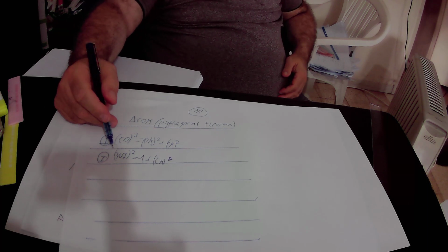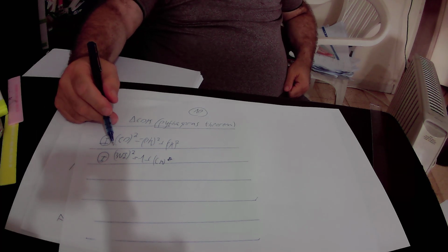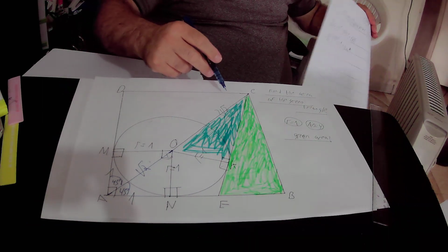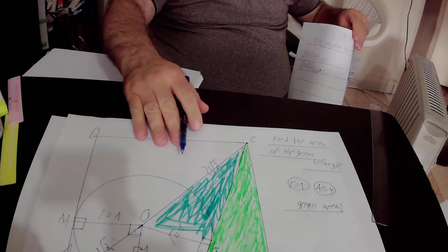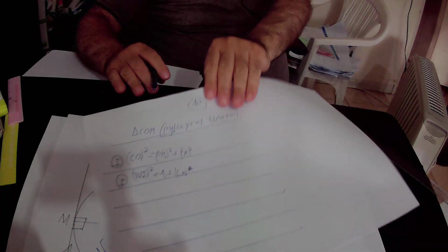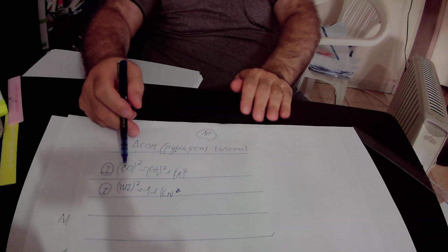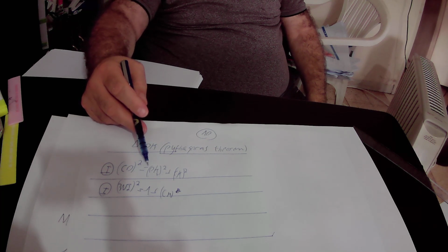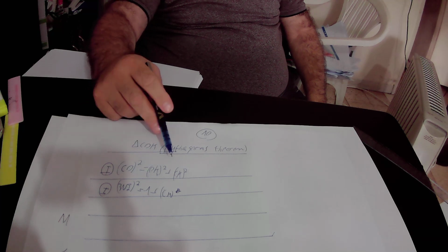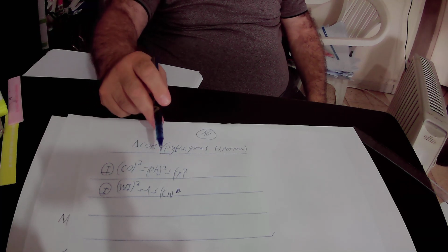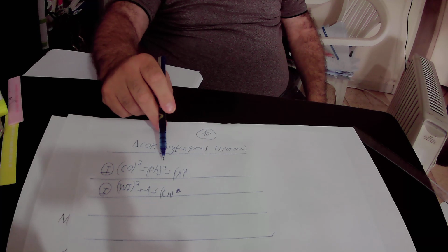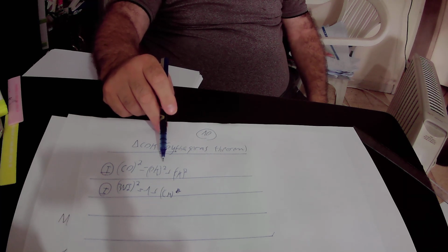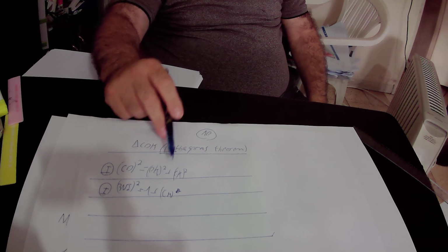CO equals 3 times square root of 2, therefore CO squared equals 3 times square root of 2 squared, plus CK squared, which is the missing variable.